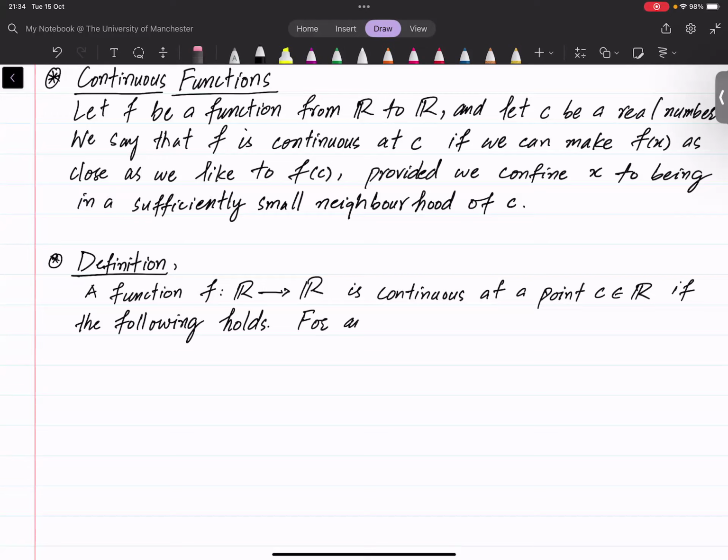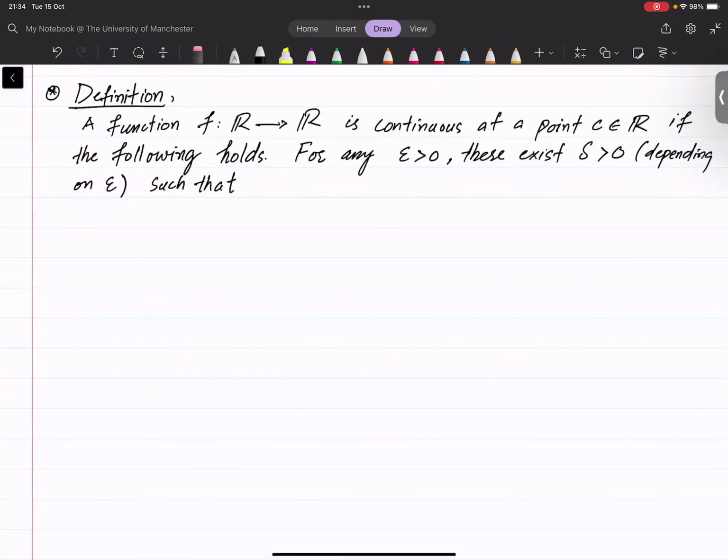For any epsilon greater than 0, there exists delta greater than 0, depending on epsilon, such that if mod of x minus c is less than delta, then mod of f of x minus f of c is less than epsilon.